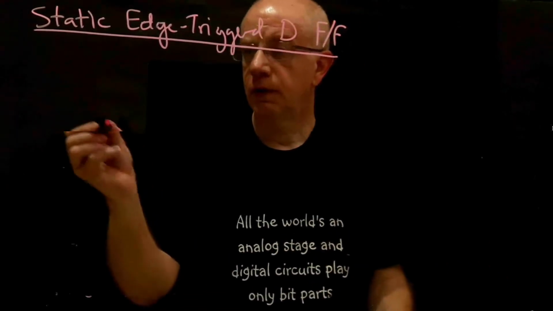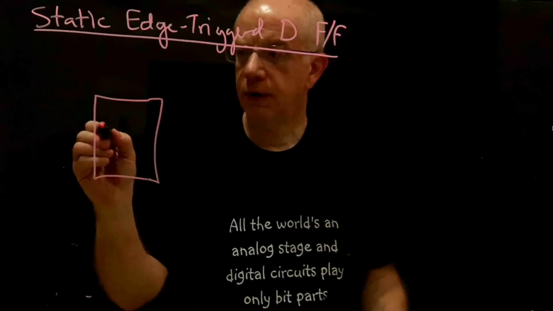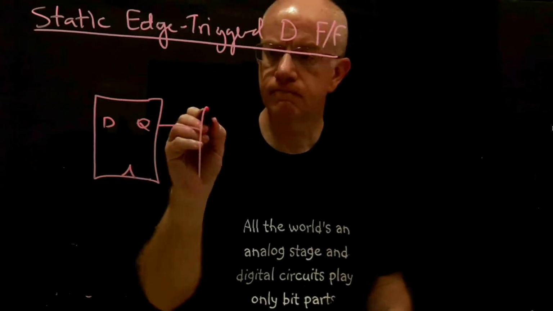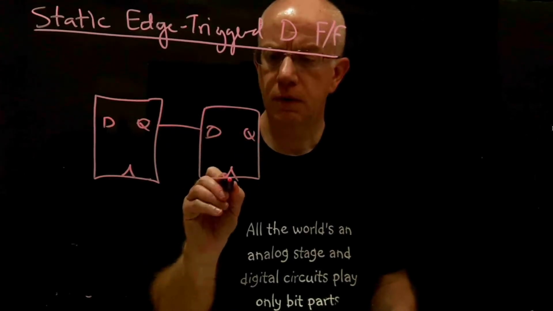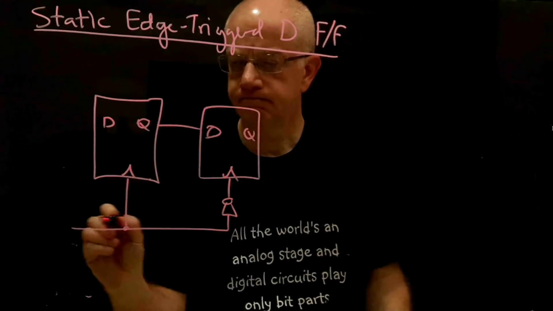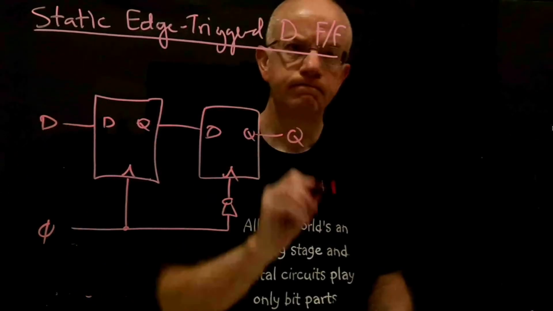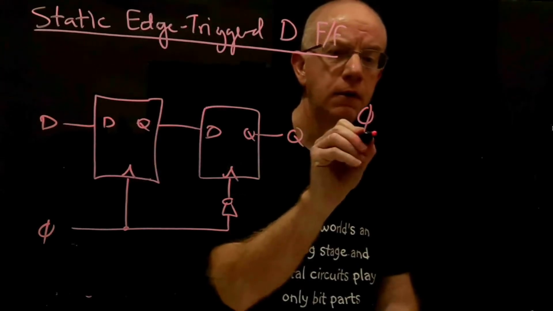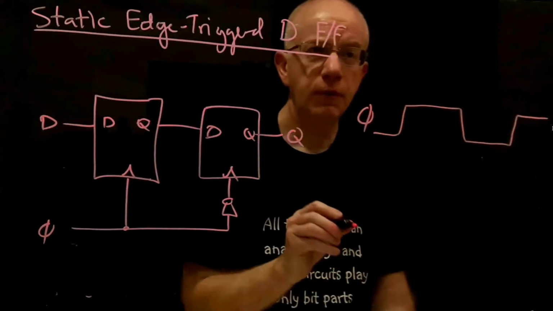So let's put our falling edge triggered flip-flop here, so we get D and Q. And let's imagine a situation where we have phi, maybe like this, something like that.